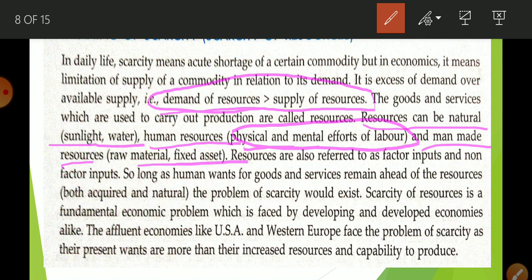These are used by manufacturing industry. So these are your man-made resources. Fixed assets means equipment, machinery, etc. In this way, resources include three things: natural, human and man-made resources.